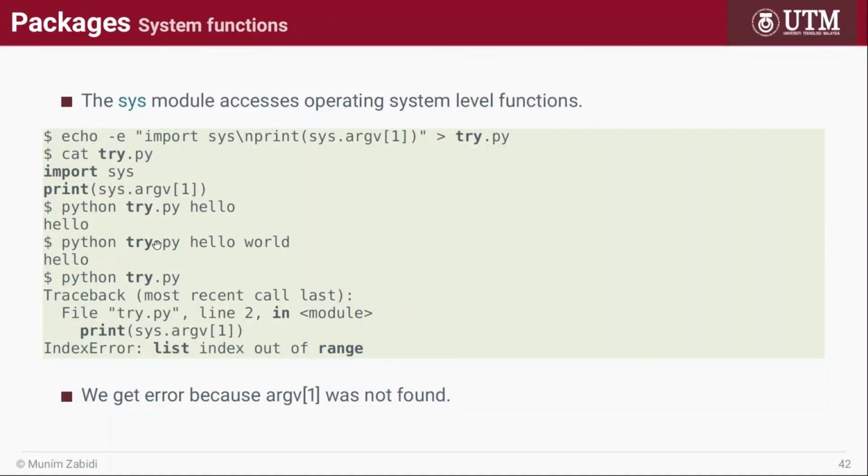Python is number 0, try.py is number 1, hello is number 2, world is number 3. So you can print those out by using the variable called argv, sys.argv.